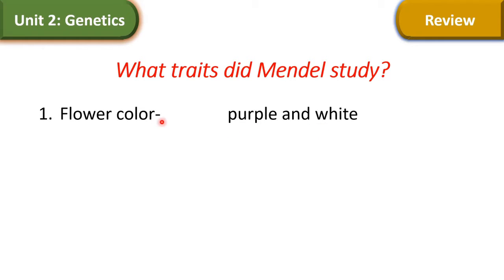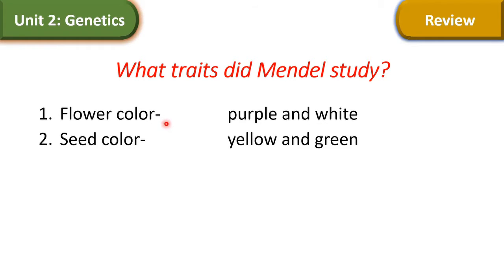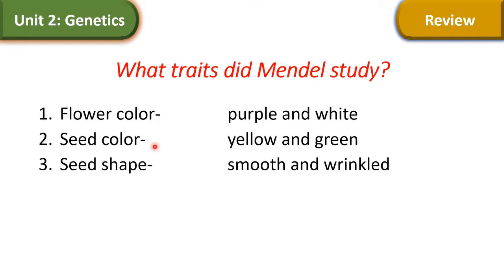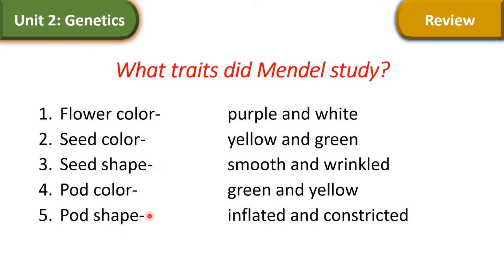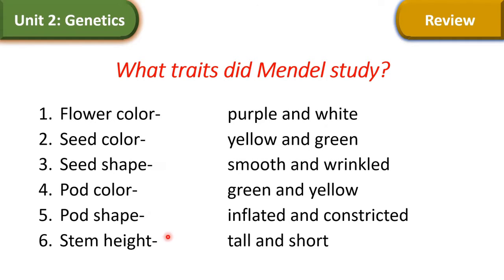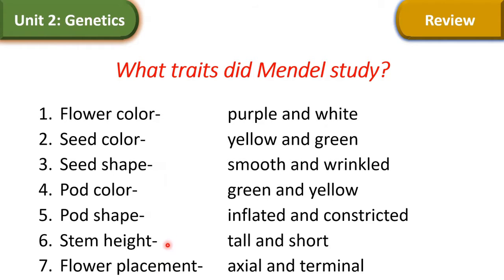Number 1 is flower color. Number 2, seed color. Number 3, seed shape. Number 4, pod color. Number 5, pod shape. Number 6, stem height. And number 7, flower placement. Okay?